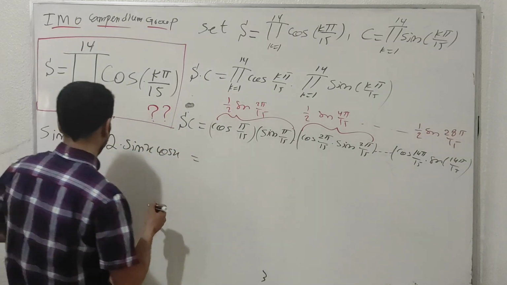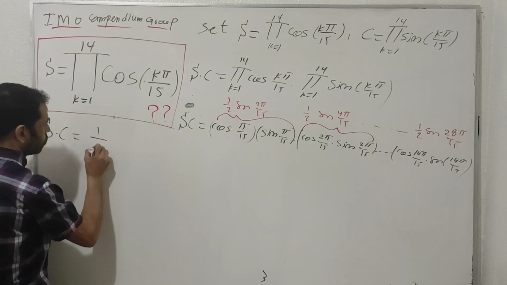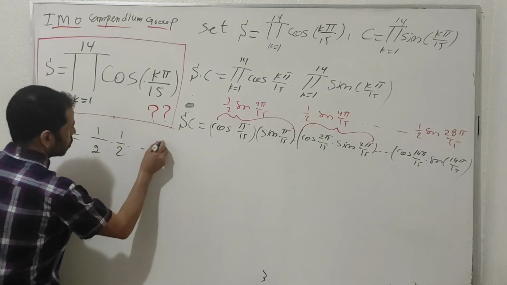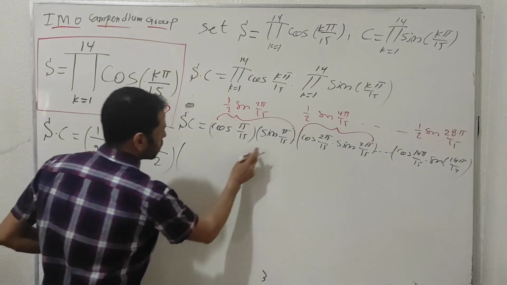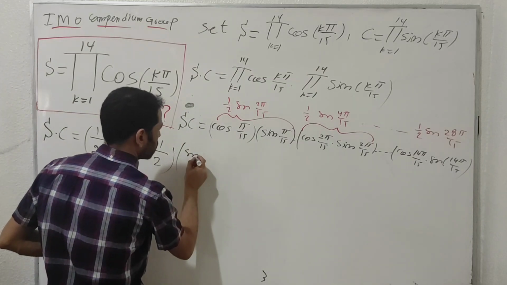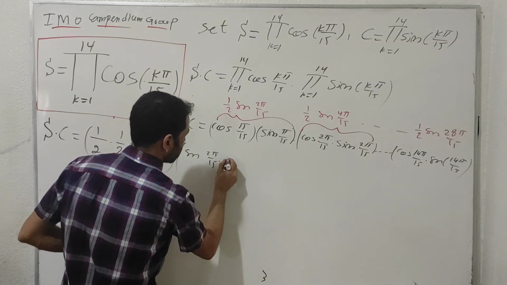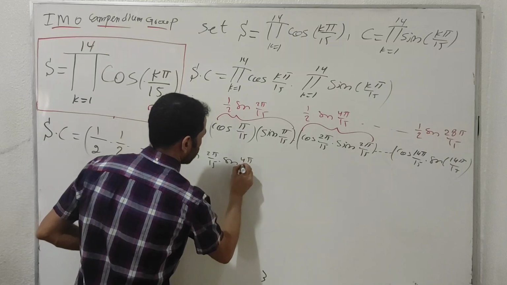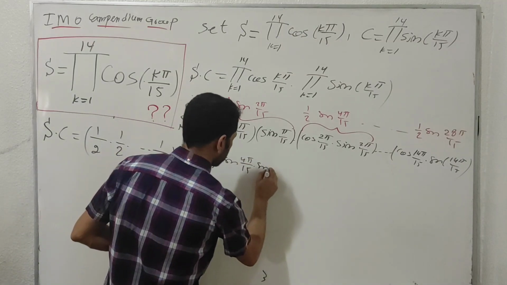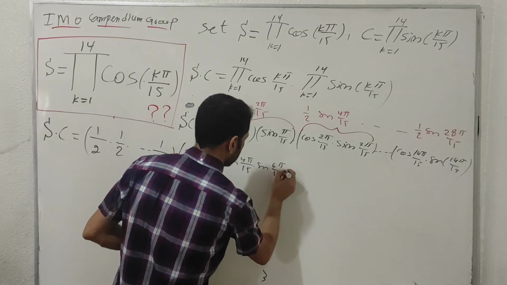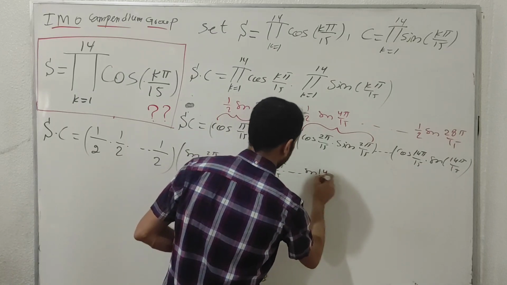So this will be written as s times c, which is 1 over 2 times 1 over 2, all the way down to 1 over 2, multiplied by sine of 2 pi over 15, sine of 4 pi over 15, sine of 6 pi over 15, and all the way down to sine of 14 pi over 15.